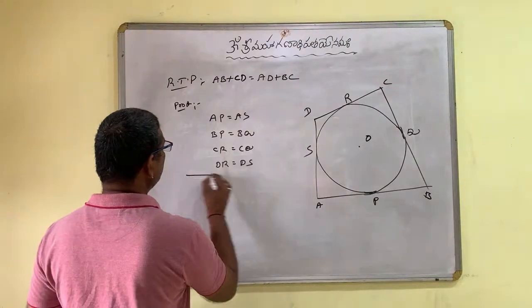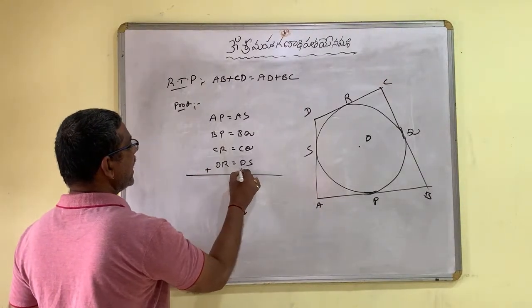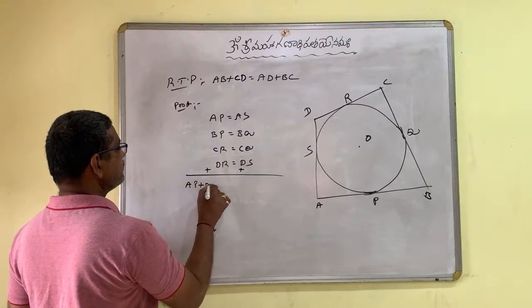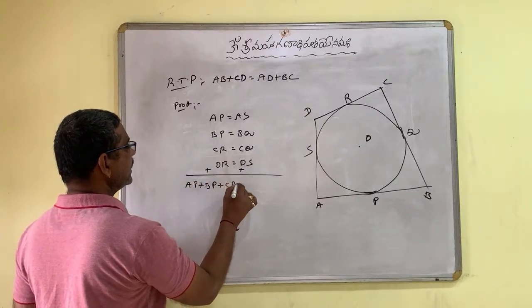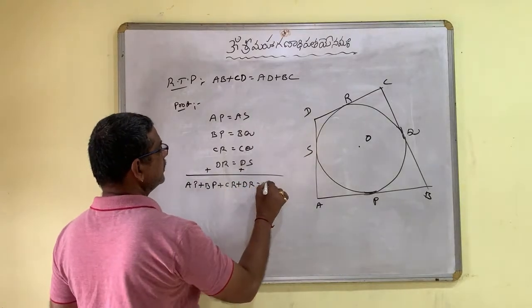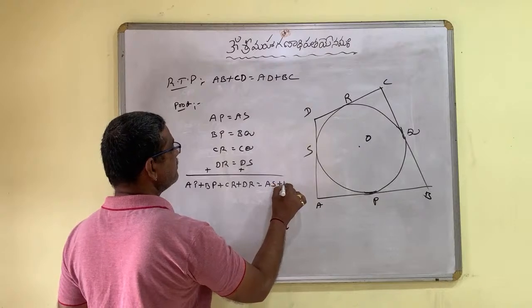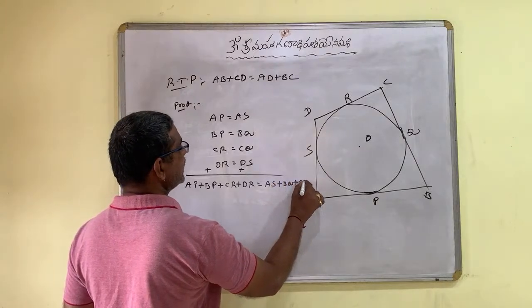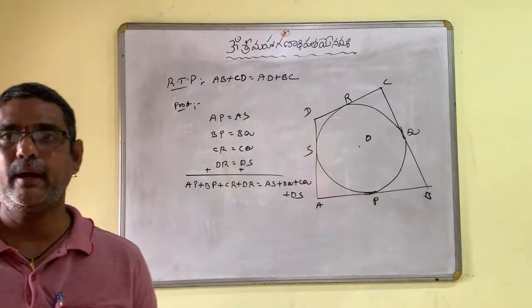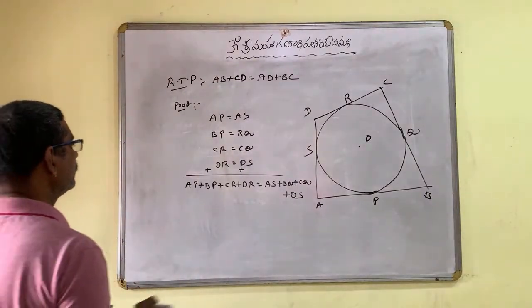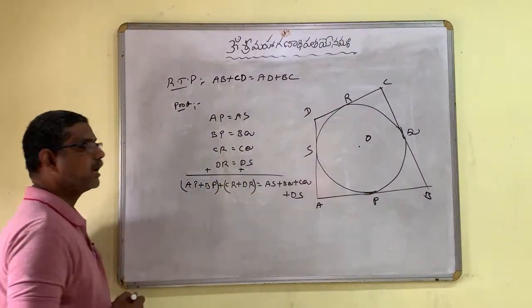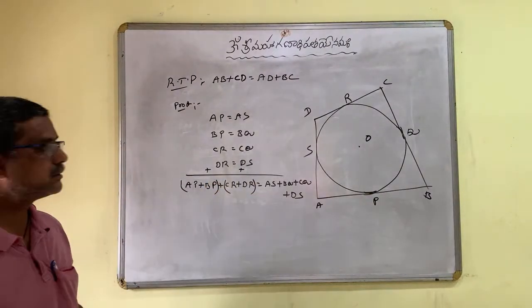Now what will you do? Add LHS and RHS. AP plus BP plus CR plus DR is equal to AS plus BQ plus CQ plus DS. Okay. Now I am rearranging the terms.